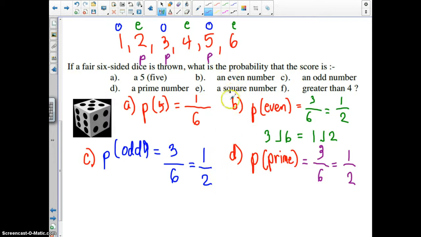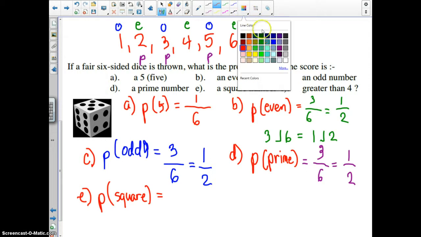Now next, probability that it is a square number. Probability that the number is a square number. So what are square numbers? Square numbers are numbers where, for example, if you multiply a number by itself, the answer will be a square number.